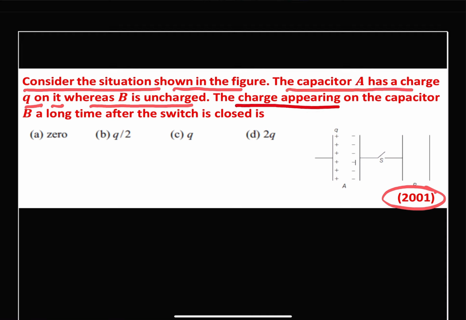The charge appearing on the capacitor B a long time after the switch is closed is. So here we are given two capacitors A and B, and capacitor A is having a charge of plus and minus, and this B is uncharged, and we have to find out the charge on B.